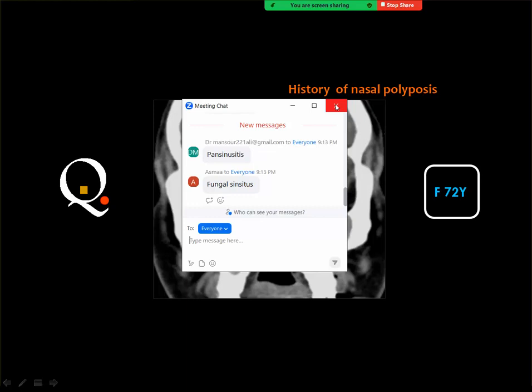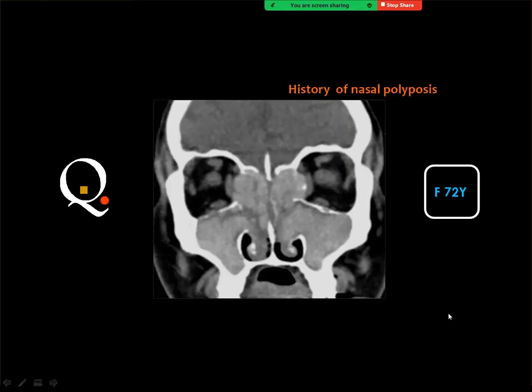Yes, this is fungal sinusitis because of the hyperdensities inside the paranasal sinuses, and fungal infection usually complicates the sinonasal polyposis type of pansinusitis because this is a chronic illness, and frequently it is complicated by superadded fungal infection.